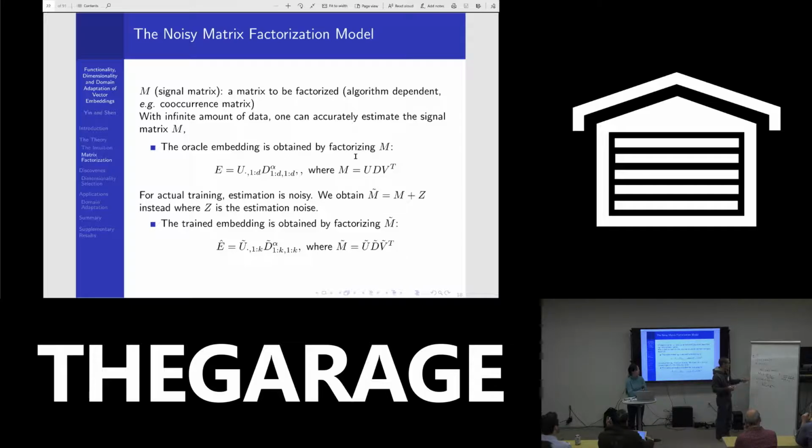But when we're doing the actual training, we don't observe this M, but we observe M tilde, which is log P_ij hat over log P_i hat log P_j hat. And these P_ij, P_i, P_j hats are estimated by counting the co-occurrence frequencies in the corpus.